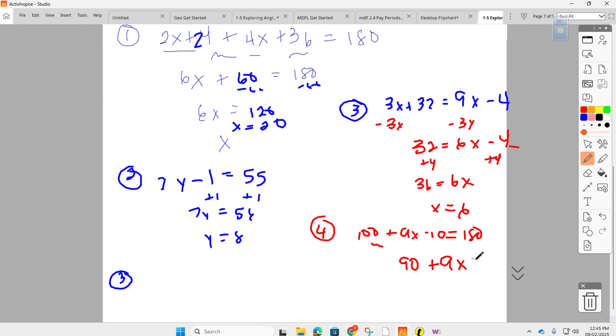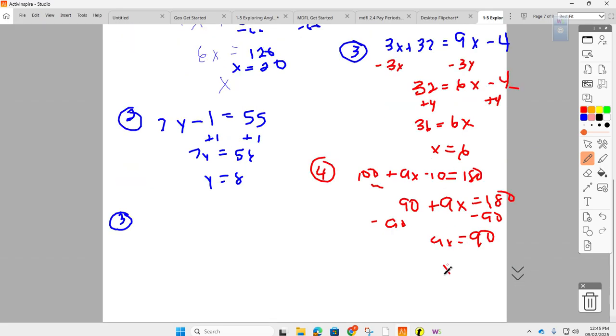We're going to subtract 90 from both sides. And 9x equals 90. We're going to divide both sides by 9. And now we know that in example 4, x equals 10. If you wanted to find the measure of one of those angles, just plug the value of that variable in the expression that represents the measure of that angle.